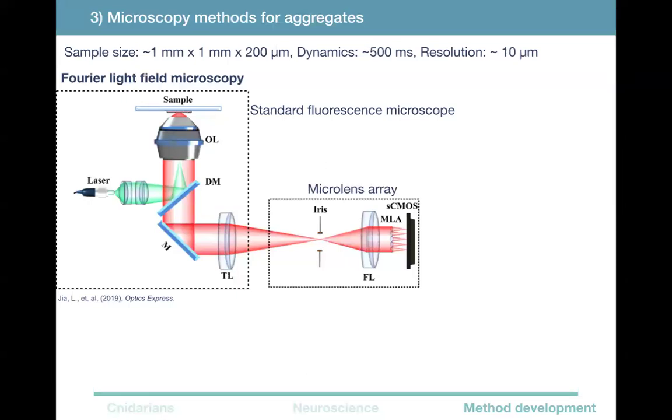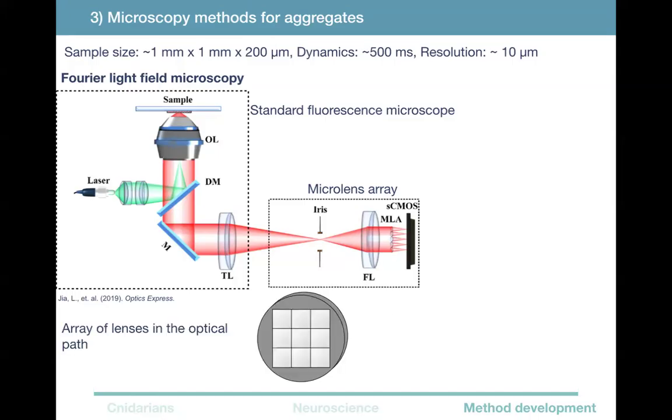But in this setup, you have a microlens array, which effectively is just one extra lens, and this lens array is exactly what it sounds like. It's just a set of lenses. In our setup, it is a 3x3 array of small lenses. So it's a fairly simple change to a standard microscope, but what you get out is really fantastic, right?